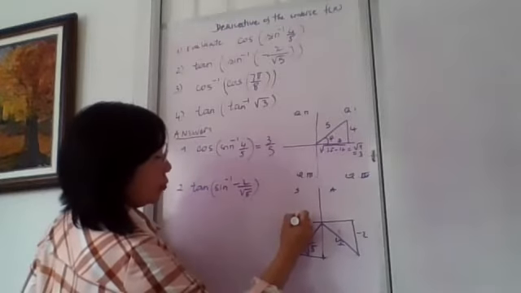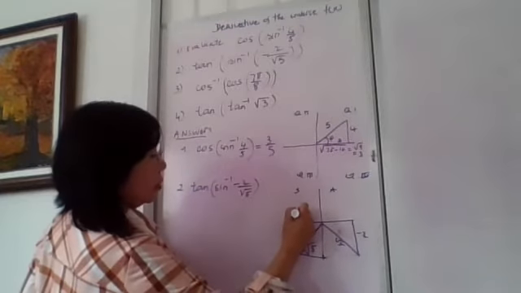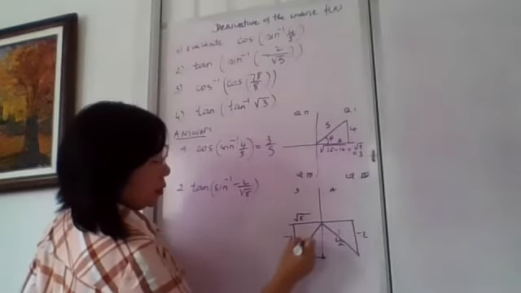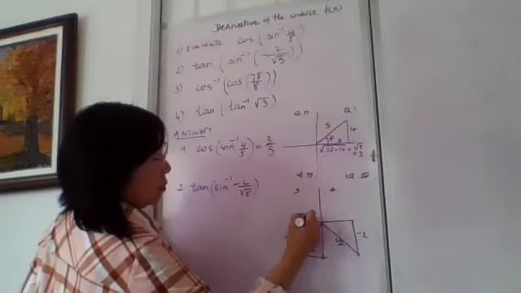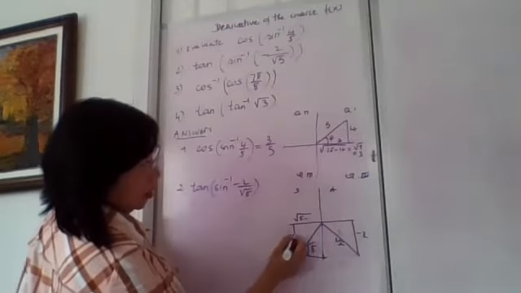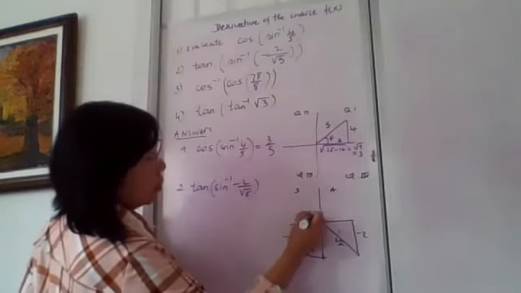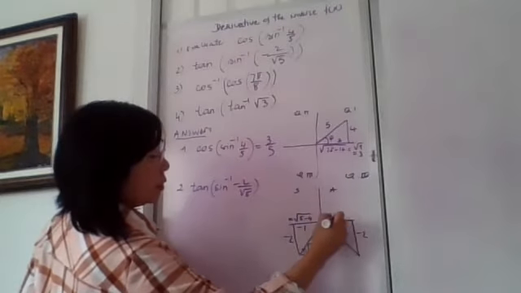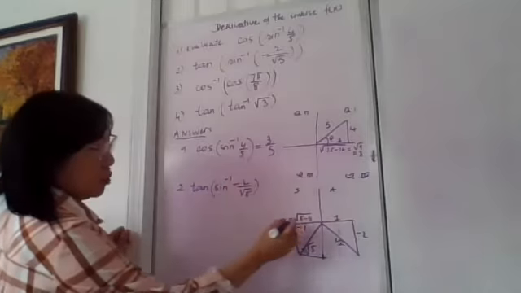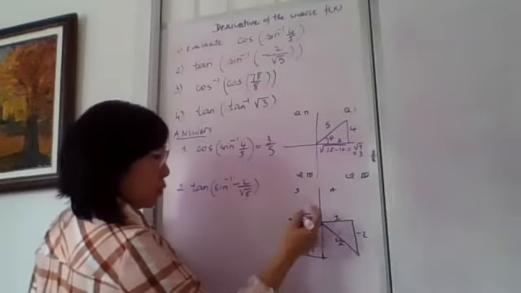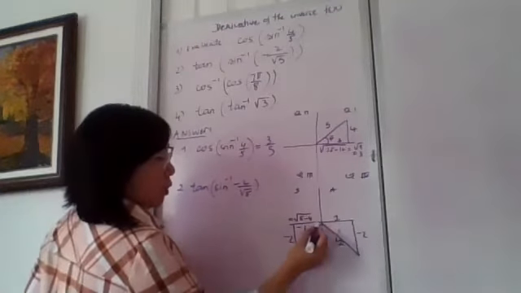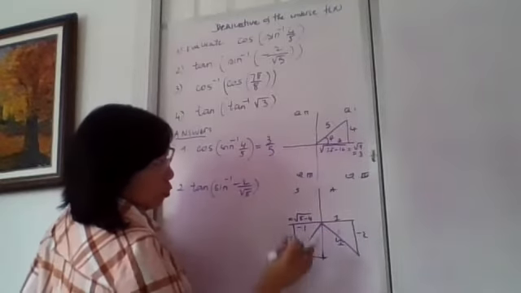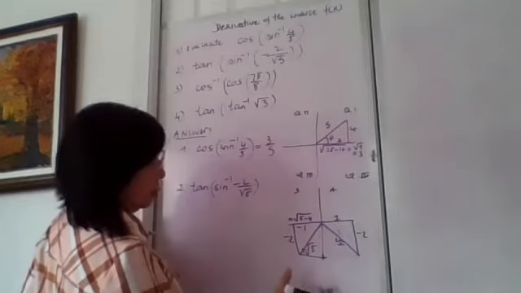So let's figure out this length. This will be 5 minus 4, which is 1, square root of 1 is 1, right? We know this length is negative, so negative 1, and this is positive 1. So we have 2 cases in here.